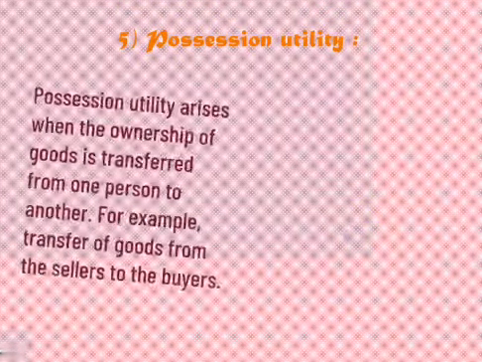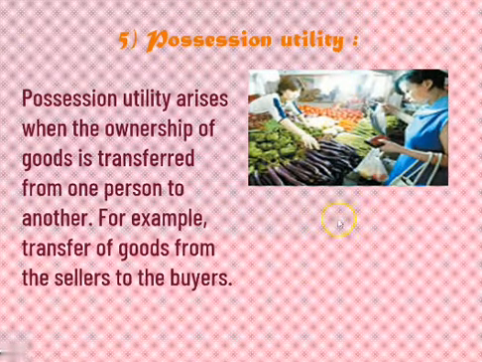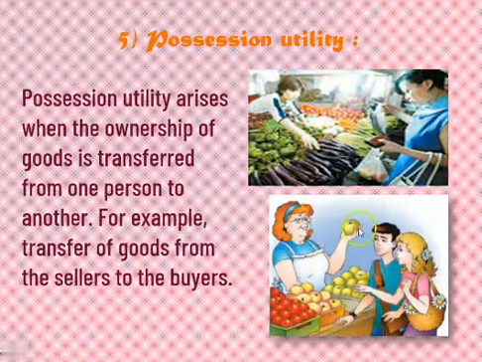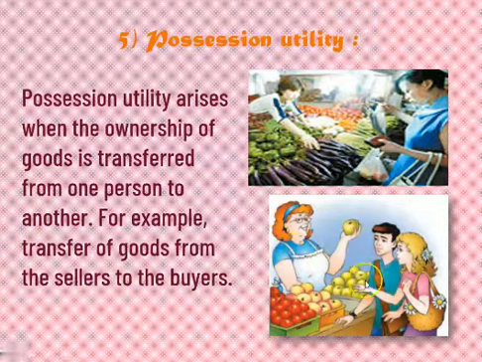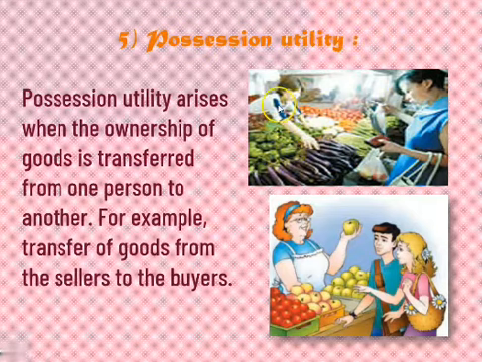The next one, possession utility. What is meant by possession utility? In these two pictures, we can see people buying either fruits or vegetables. It means we are buying from the seller. Until the goods are with the seller, the ownership lies with the seller.